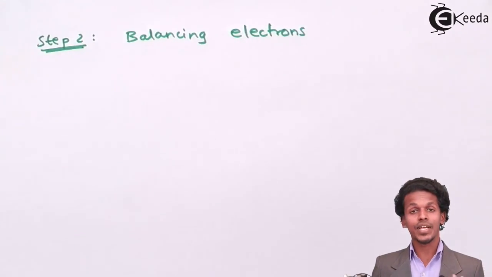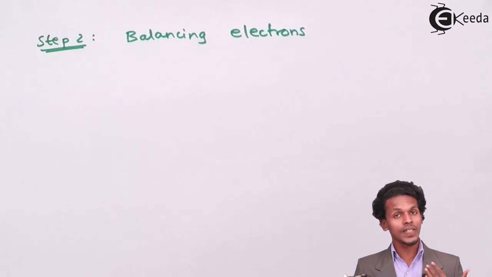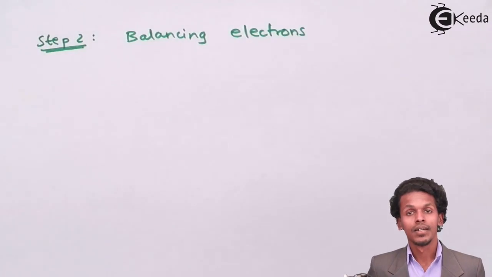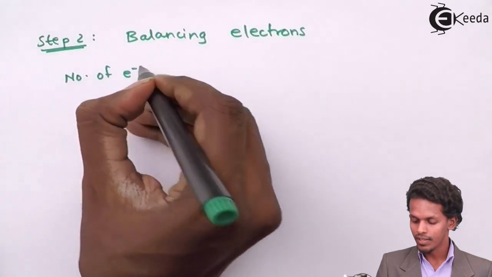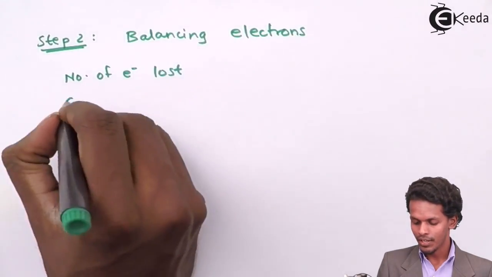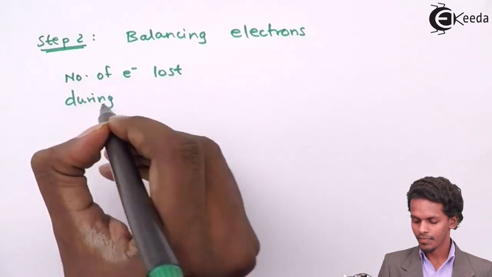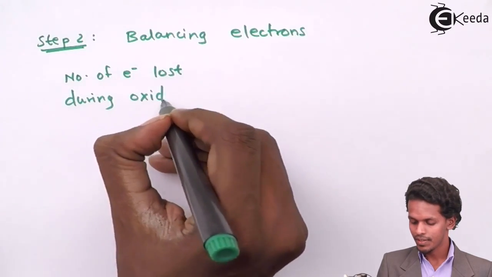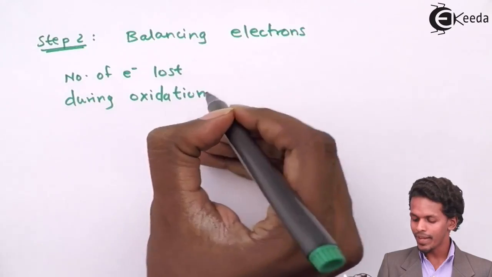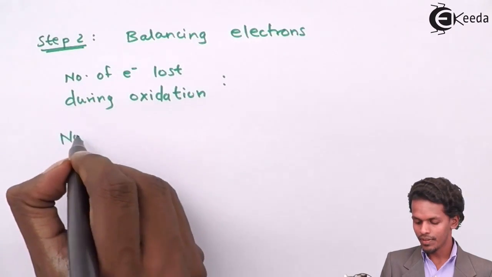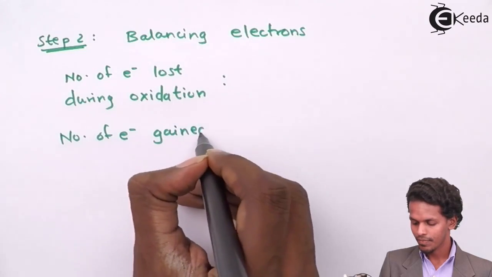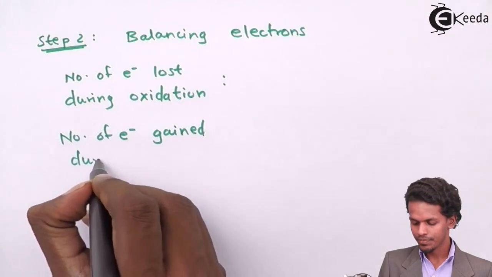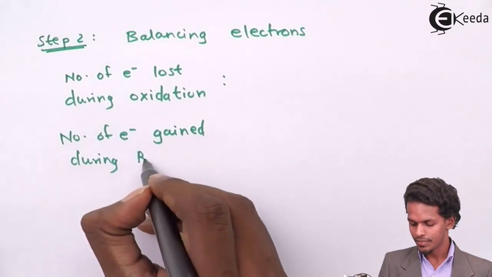So first of all, let us check how many electrons are being lost during oxidation. The number of electrons lost during oxidation, we'll compare this with the number of electrons gained during reduction.